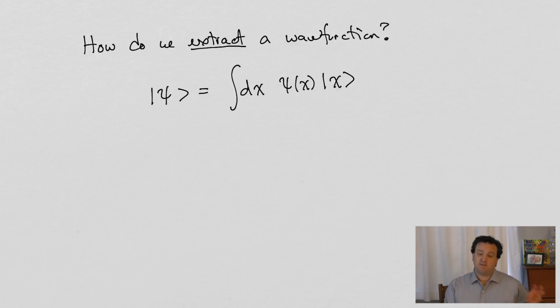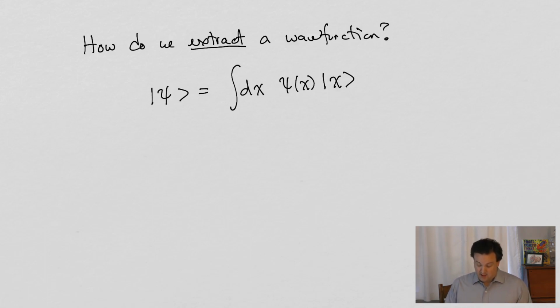So I go back to my definition where my state is decomposed onto the eigenstates of the position operator, and the decomposition coefficients, or the probability amplitudes, the pieces of information that tell me how much of that state is in each place, is given by the wave function, which we're calling psi of x.